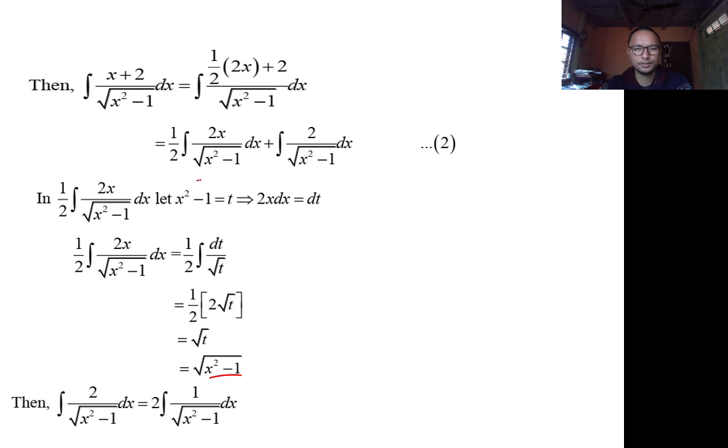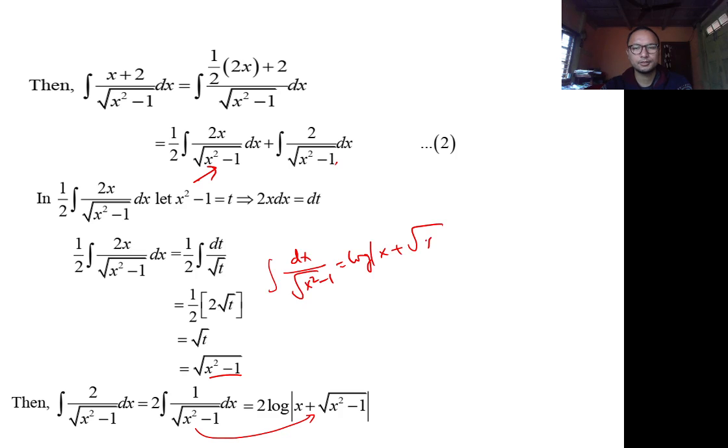So that is the first one. Now let's come to the second one, right? So this we have done, right? See this, integration of this, remember, right? Log of x plus under root x square minus 1 plus c, right? So that's the value, right?